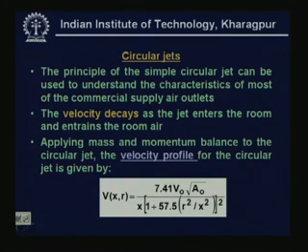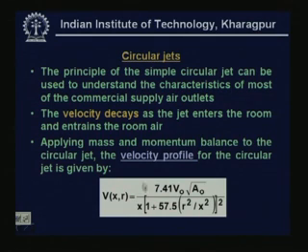Applying mass and momentum balance to the circular jet, the velocity profile is given by this equation. V at x and r is the velocity of air at any point defined by the coordinate system x and r, which is equal to 7.41 v naught square multiplied by the square root of a naught divided by x, multiplied by (1 plus 57.5 r square by x square) whole square. This is how the velocity profile is defined.